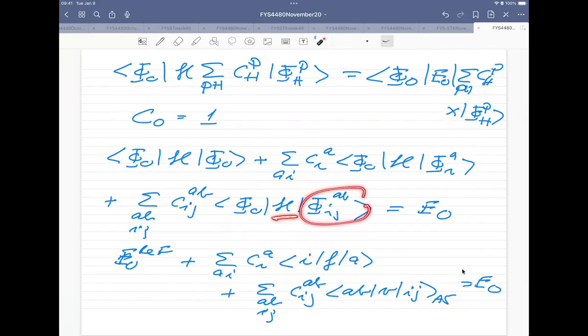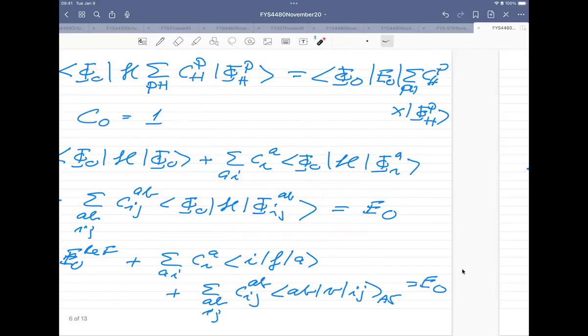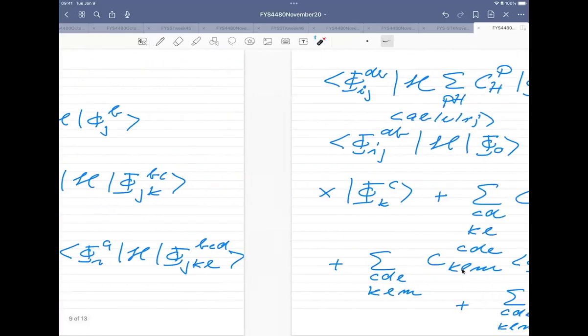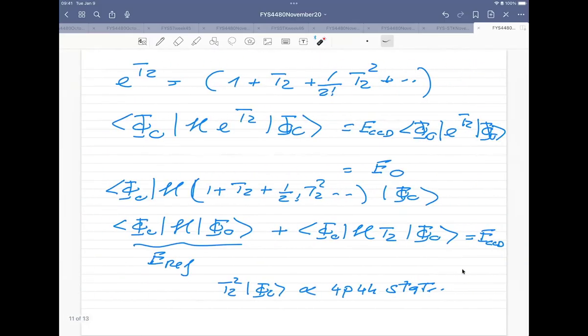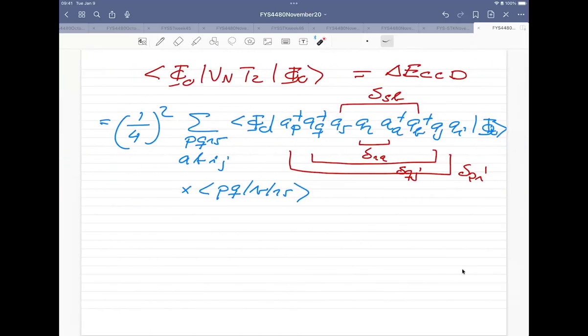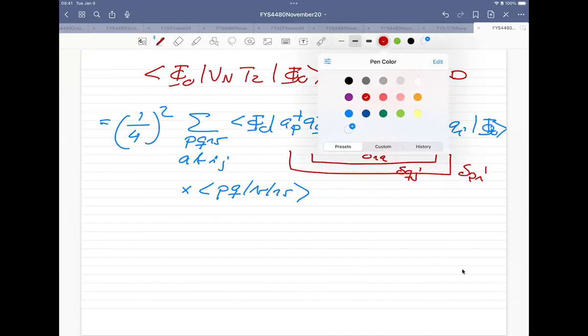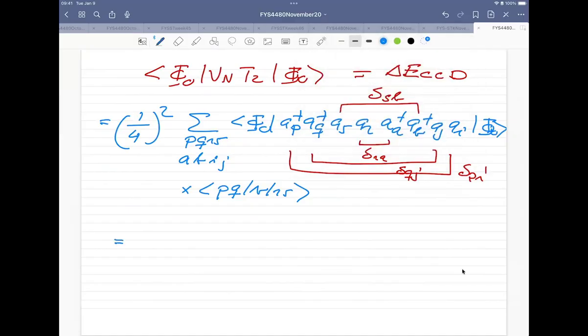And then we have the Hamiltonian here, and that was a two-particle two-hole excitation, which we got at the end. So if we now go back to what we have here, if we now put up all the contractions, what we will find, and just setting up the final result here, this is going to be the same as 1 divided by 4.